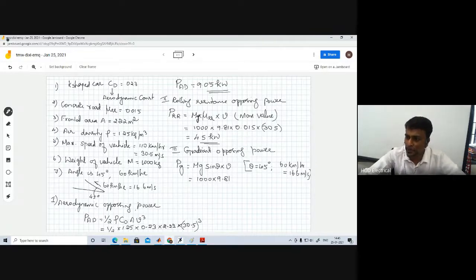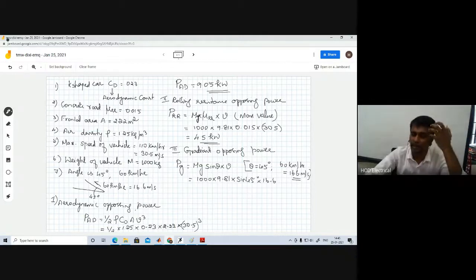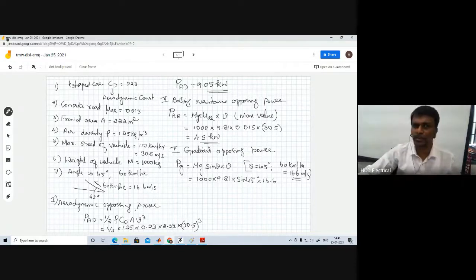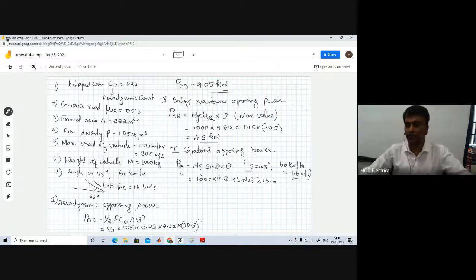Why have I chosen 16.6? With a slope of 45 degree, the car cannot travel at 110 kilometer per hour, so normally the speed is 60 kilometer per hour.